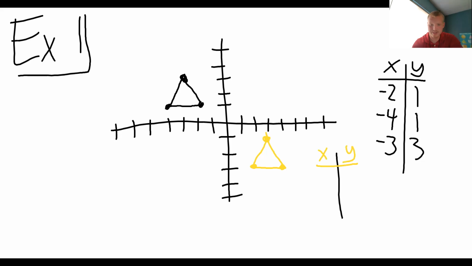So my first point here at the very tip top of my triangle is going to be positive 3, negative 1. My bottom left point is going to be positive 2, negative 3. My bottom right point is going to be positive 4, negative 3. Okay, so that's the coordinates of my new translated triangle.